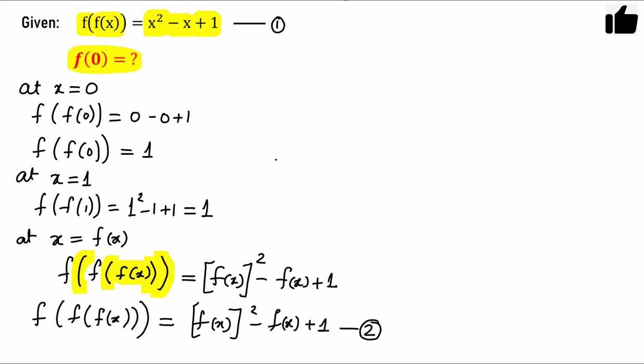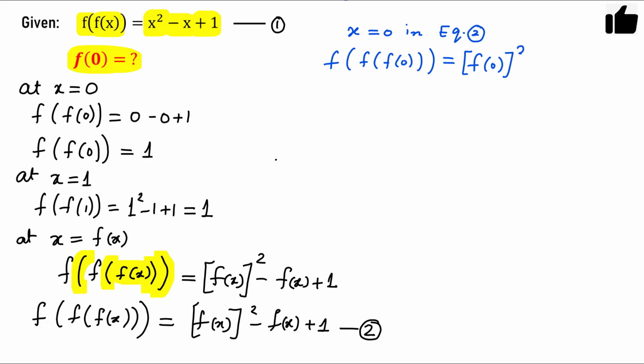Now let us plug x equals 0 in equation 2. What will you have? You will have f(f(f(0))) = (f(0))² − f(0) + 1.